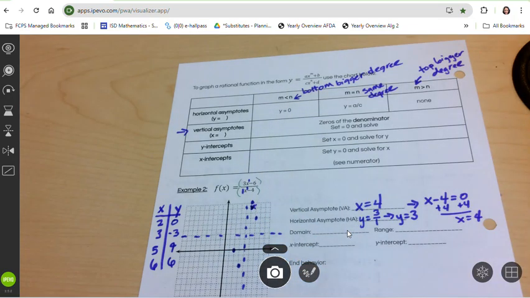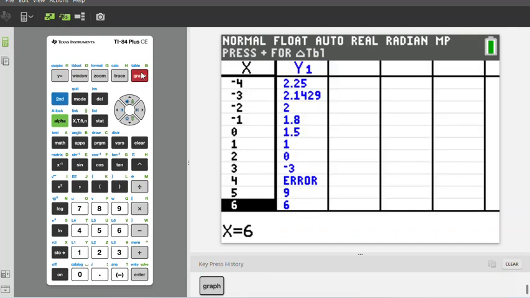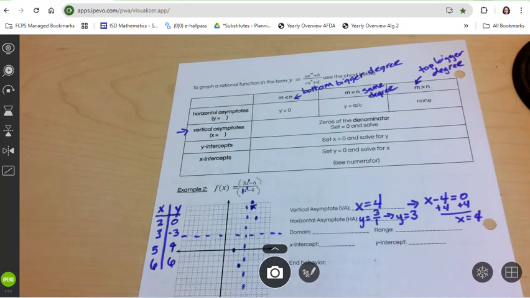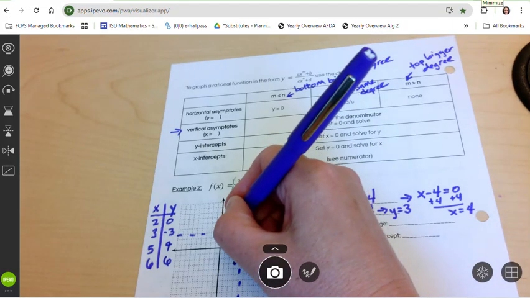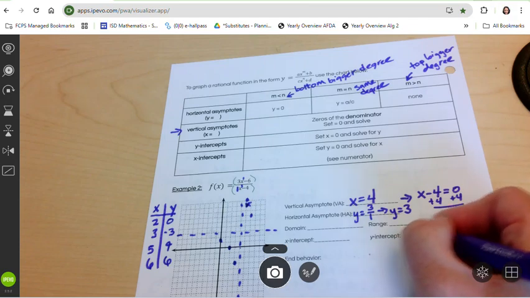You know what, and just because I know I need to know what my y-intercept is, I'm going to find my y-intercept as well. So second table, 0, 1.5. So I just found that on the table, 0, comma 1.5.